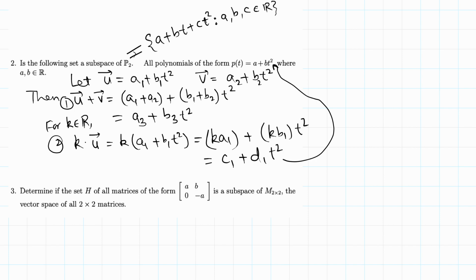That means this is closed under scalar multiplication.